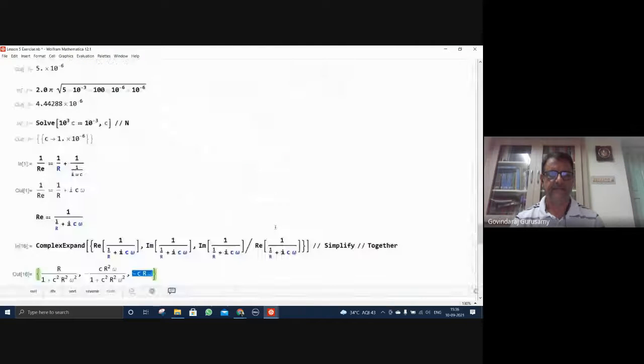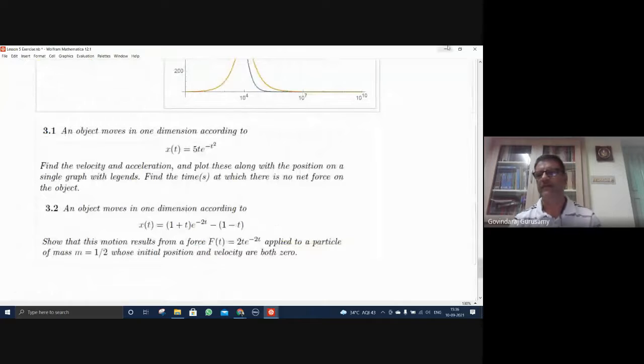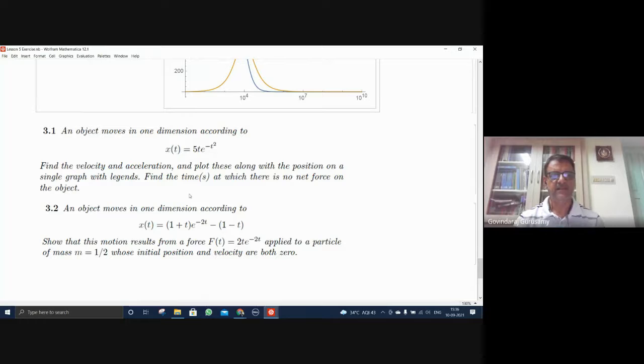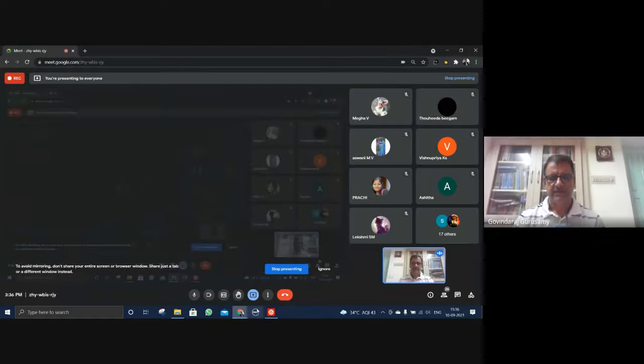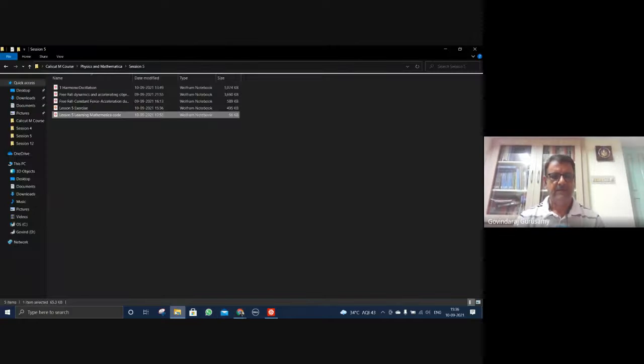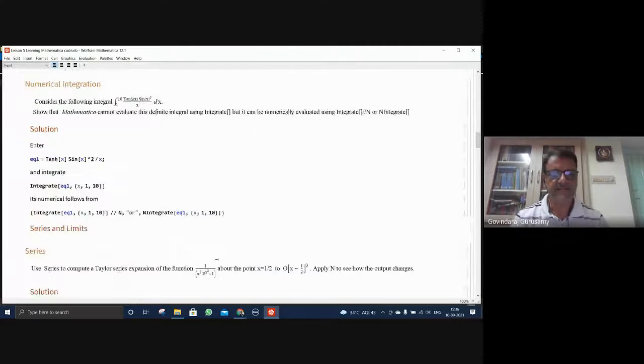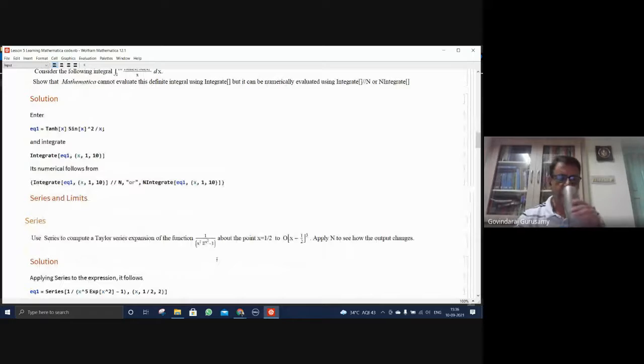Okay. Clear? I'll save this and send it to you immediately after the class, and you can use them. So now learn the Mathematica code. Whatever is possible, we will try to see in another half an hour.